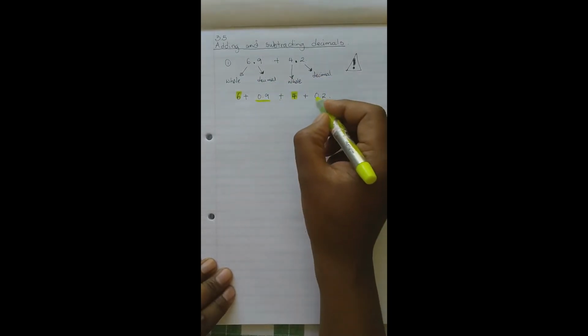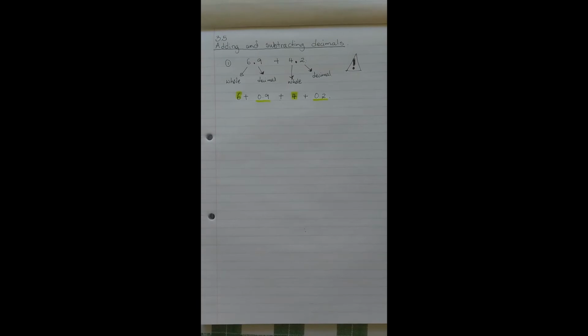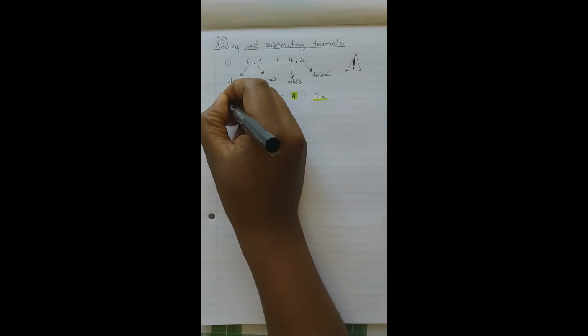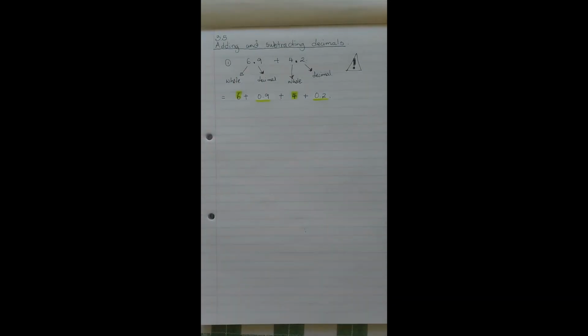So 6 and 4 are my whole parts, and 0.9 and 0.2 are my decimal parts. My next step is going to be to add the whole parts together and add the decimal parts together.